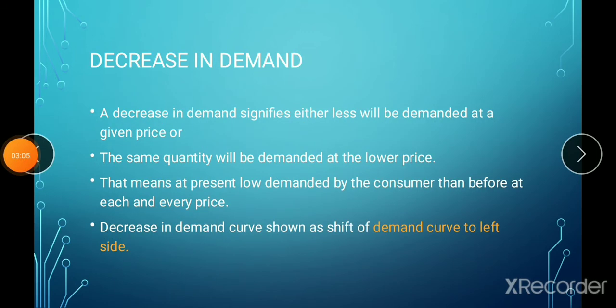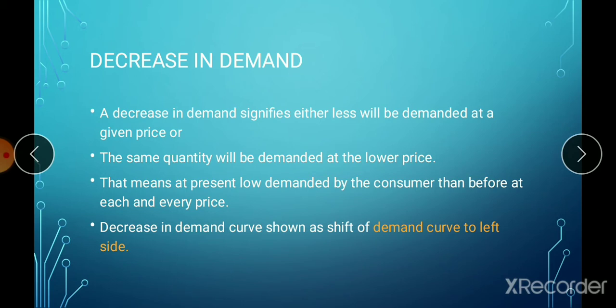Let us know what we mean by decrease in demand. A decrease in demand signifies either that less will be demanded at a given price, or the same will be demanded at a lower price. That means a consumer will demand less at a given price, or the same quantity will be demanded at a lower price.